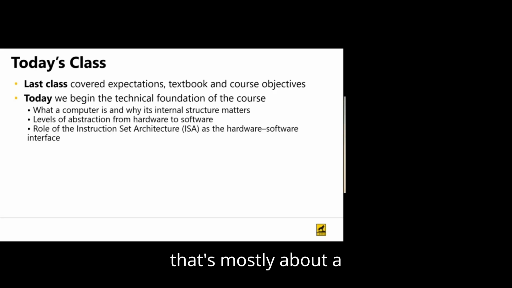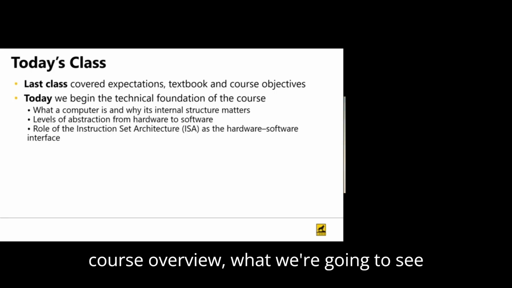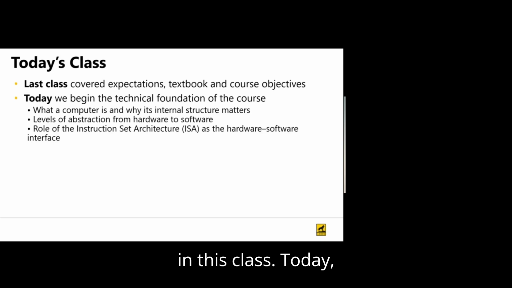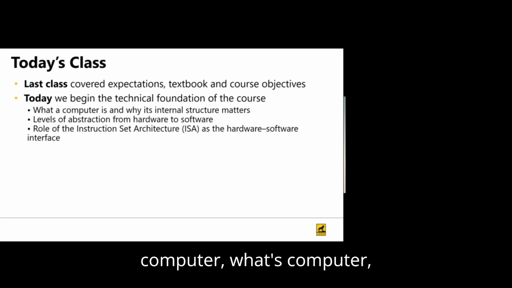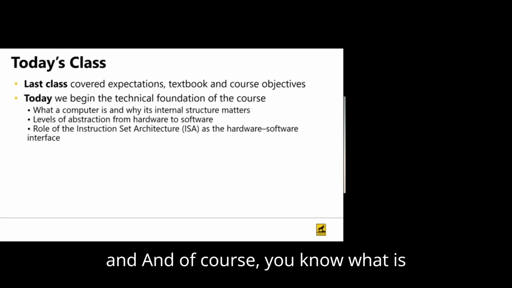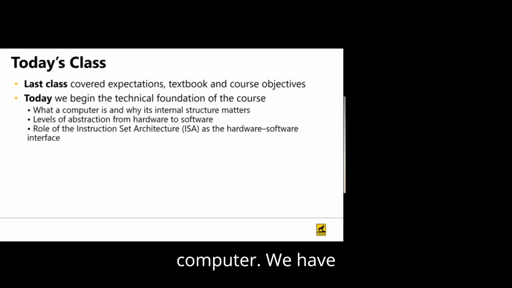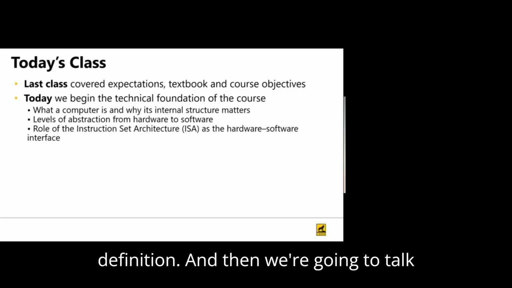That's mostly about the course overview, what we're going to see in this class. Today we're going to talk about the definition of a computer. Of course you know what a computer is, but we have other purposes based on that definition.